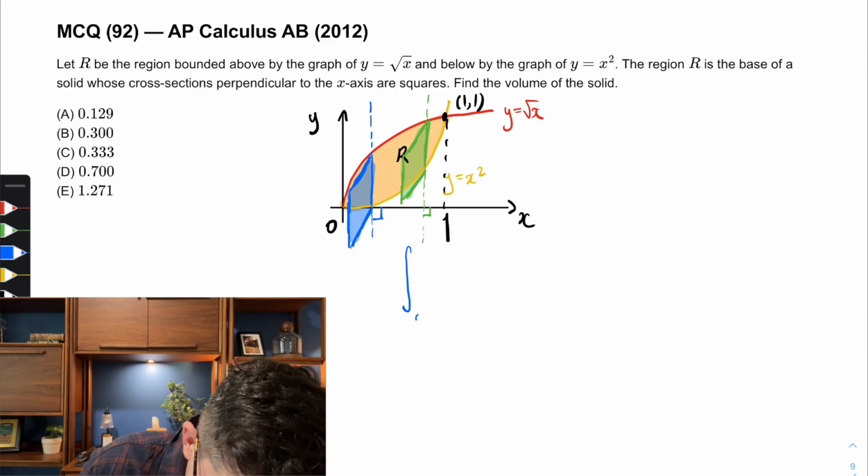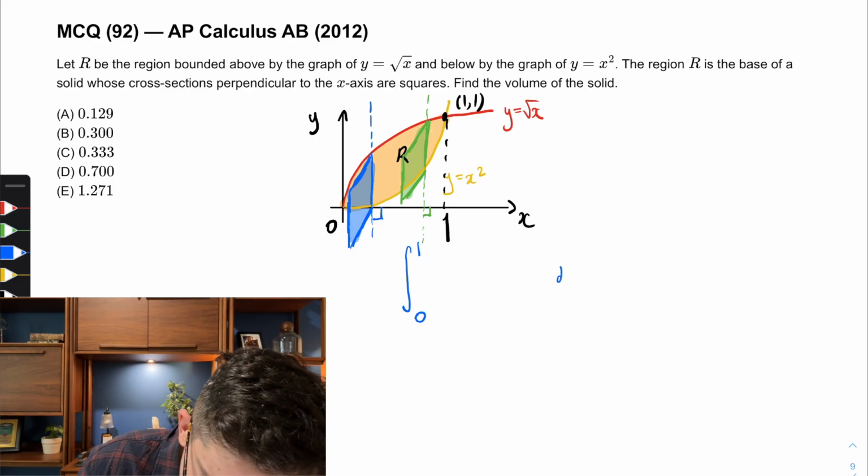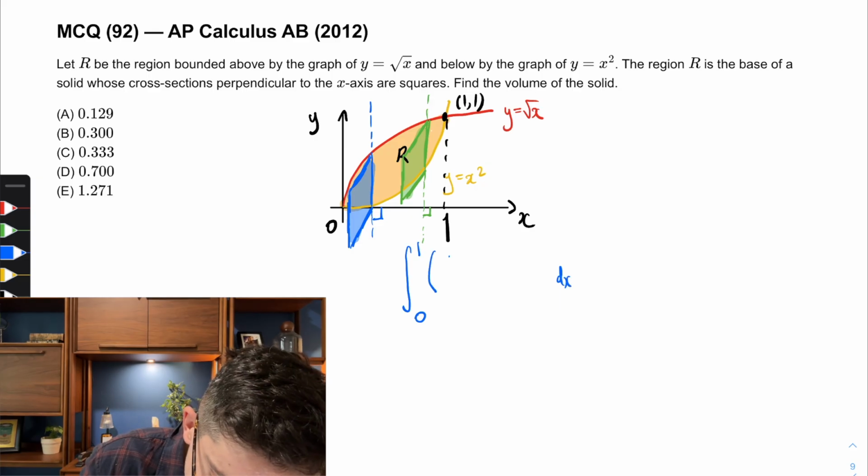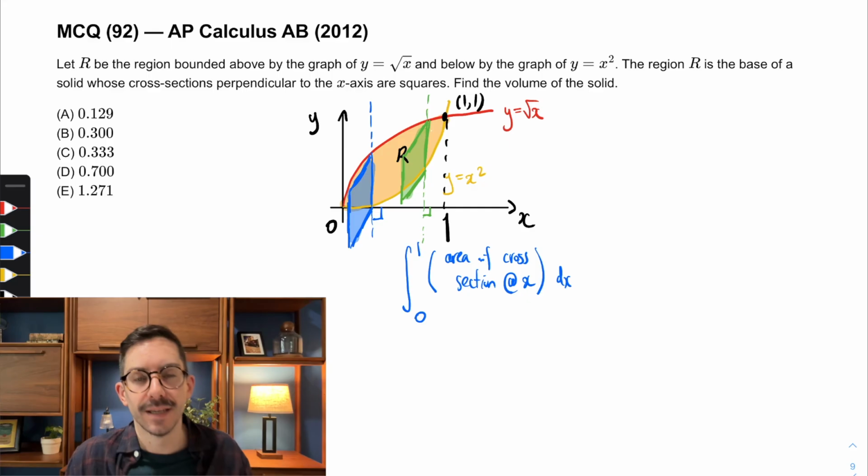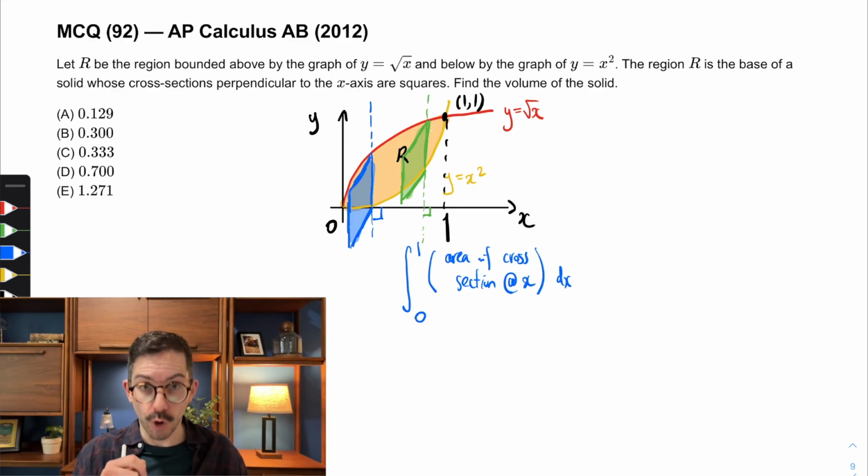So I want to integrate from 0 up to 1 dx the area of the cross section at x. If I add up all of those slices, it will give me the overall volume.